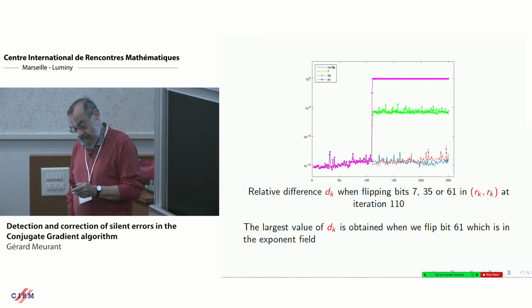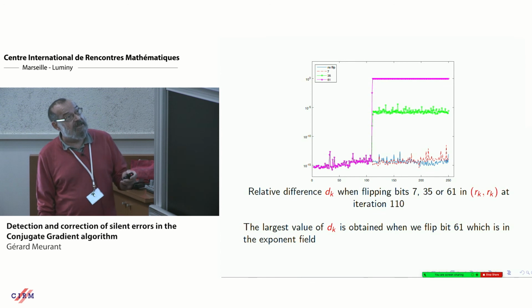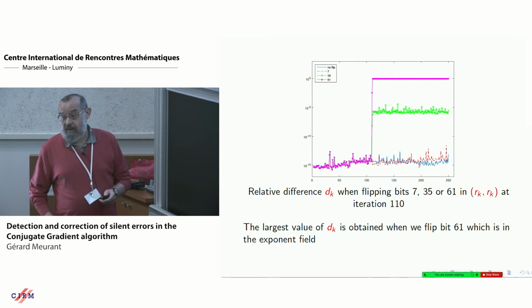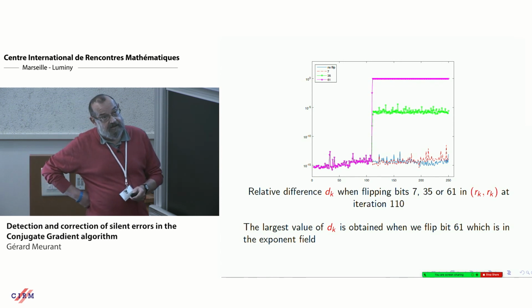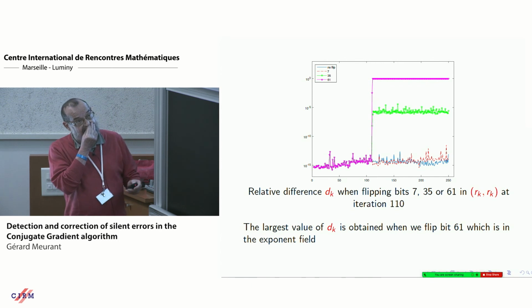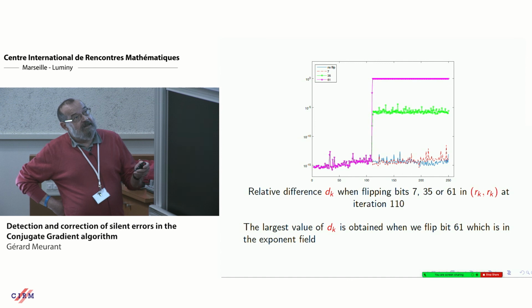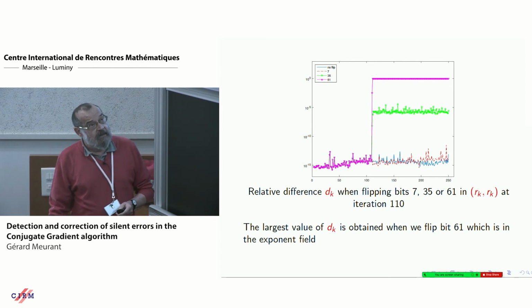Okay, and now let's see what happens to this relative difference decay when you flip bits 7, 35, 61 in the output of the dot product of rk with itself at iteration 110. Okay, so the blue is what you get without any bit flip.